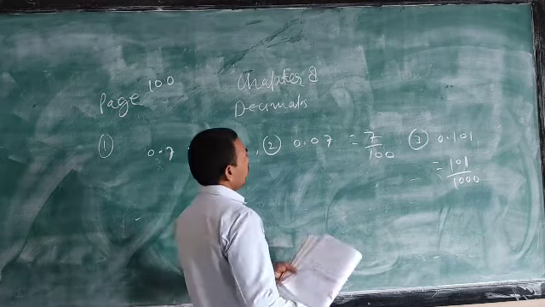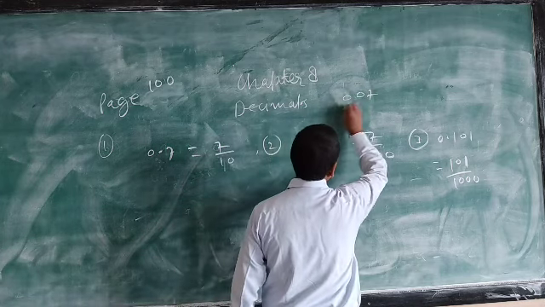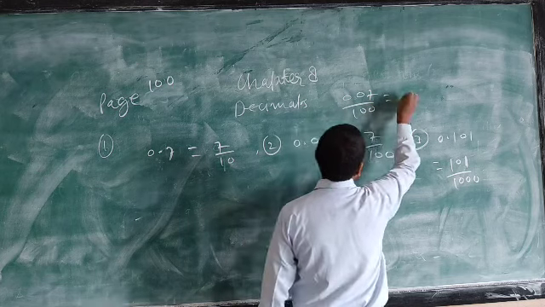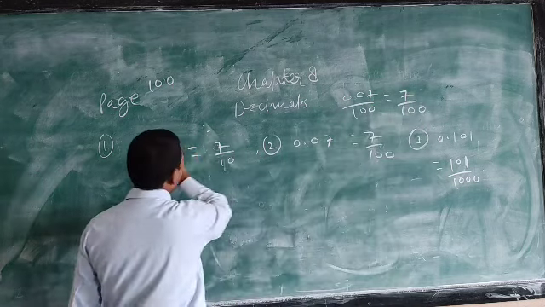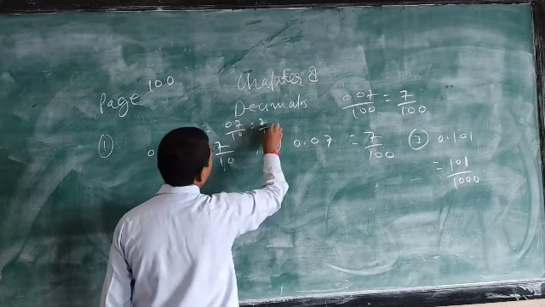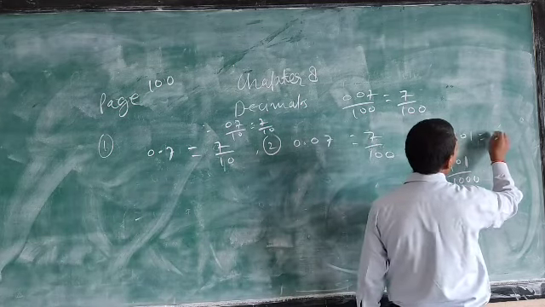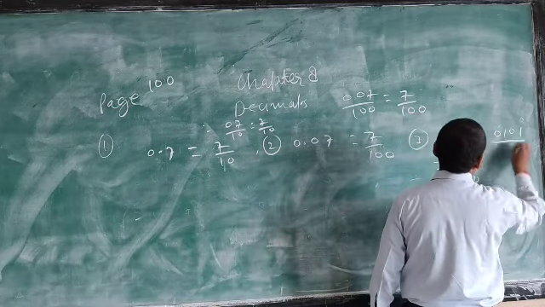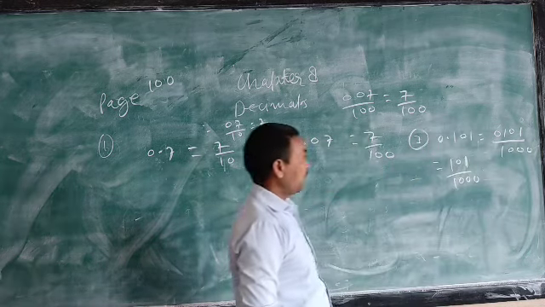So for 0.07 you can write 07 by 100, and you know that this is the same as 7 by 100. And this, 0.7, can also be written without the decimal as 07 by 10, which can be written as 7 by 10. And 0.101 without the decimal is 0101 by 1000, because there are three decimal places.